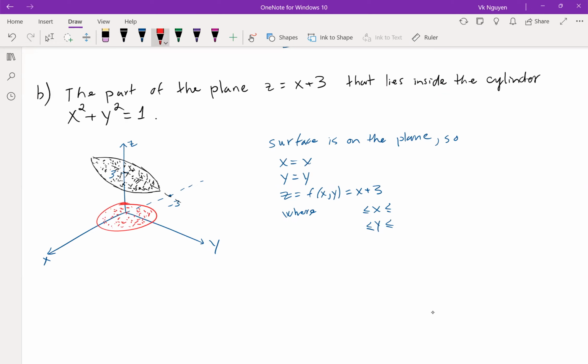Region D. In the region D is, of course, a disk of radius 1, x squared plus y squared less than or equal to 1. So y is going to be from negative root of 1 minus x squared to root of 1 minus x squared, and x is between negative 1 and 1.